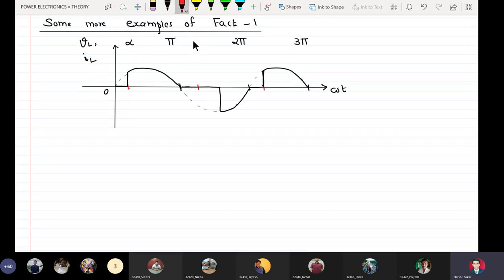Here it is alpha, and here it is alpha 1. It is pi plus alpha 1. So alpha and alpha 1 are different.